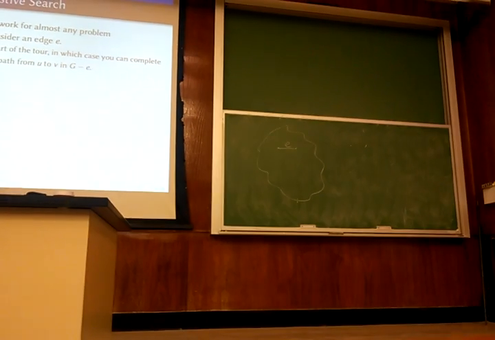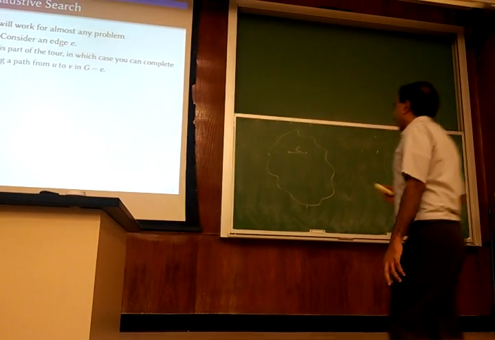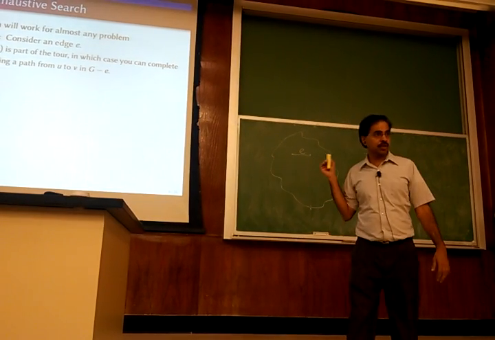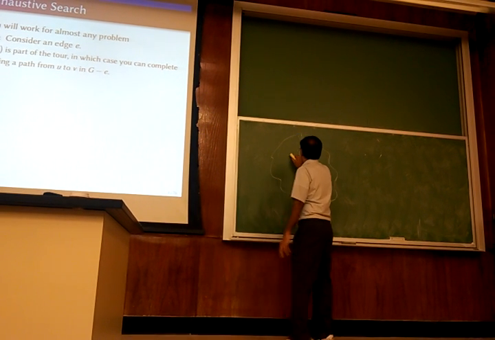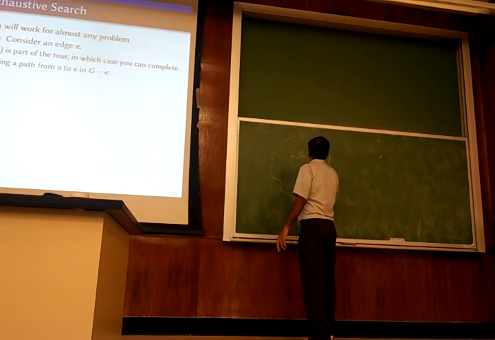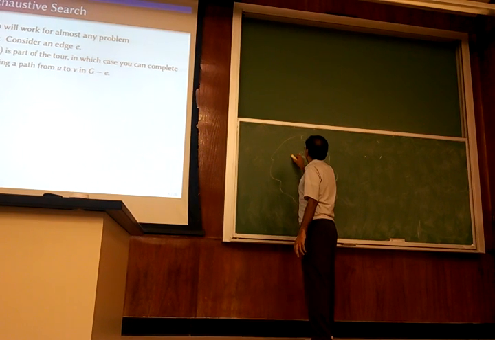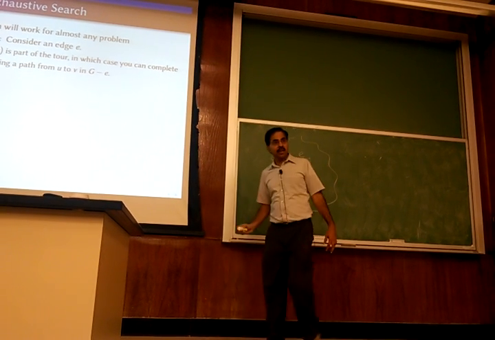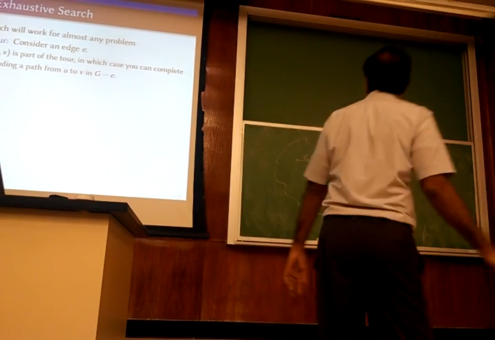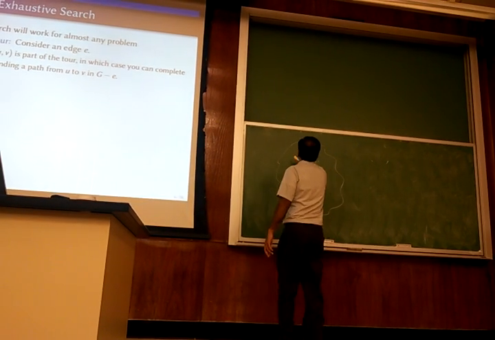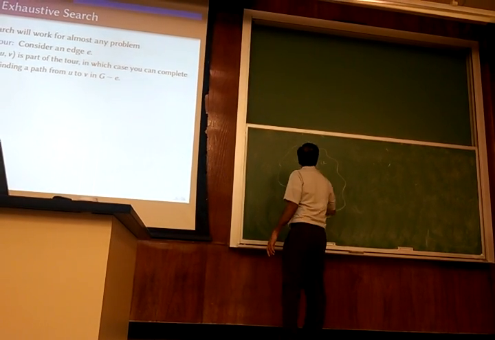Case 1 where E belongs to this tour, and case 2, E does not belong to this tour. If I consider E to belong to this tour, then I have to find a path that goes from this side of E to that side of E while visiting all the vertices except these two.